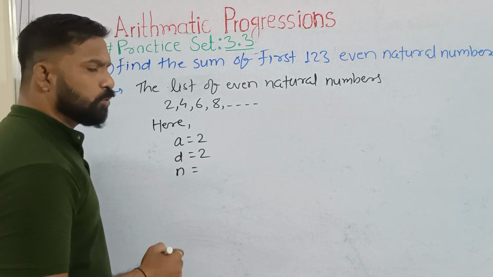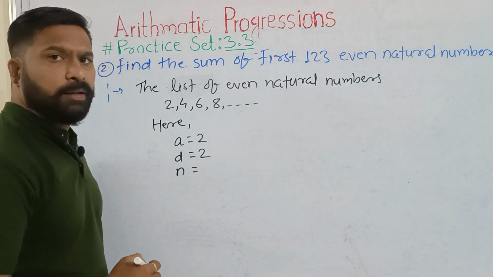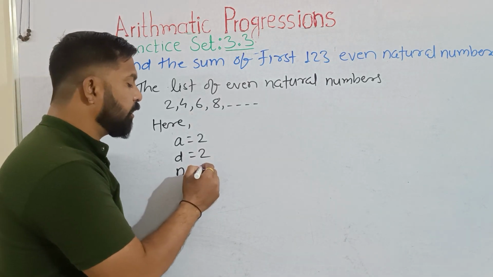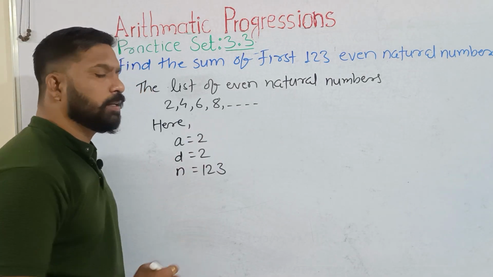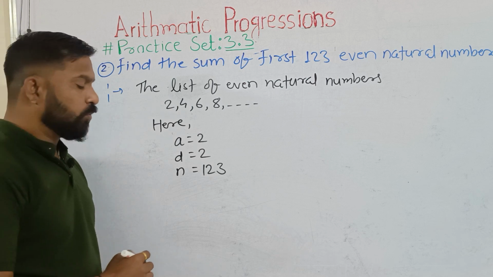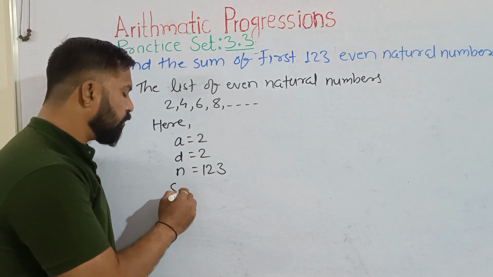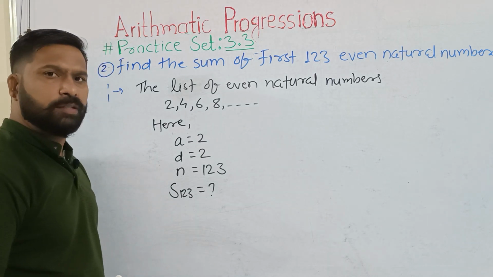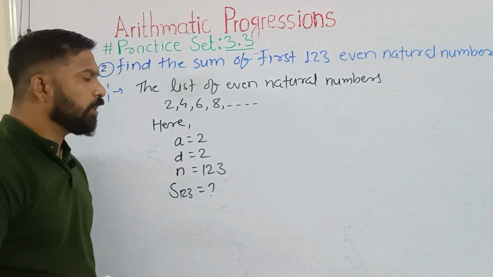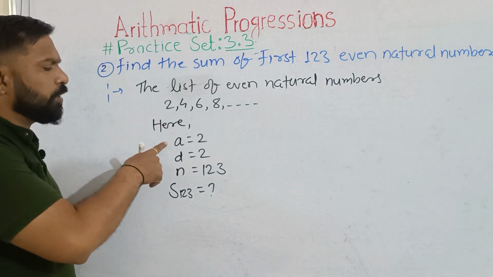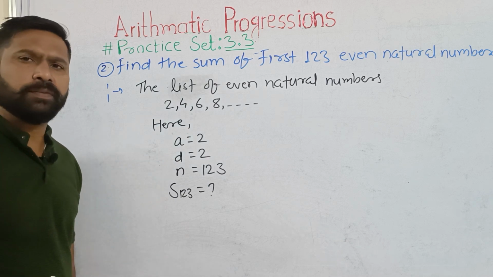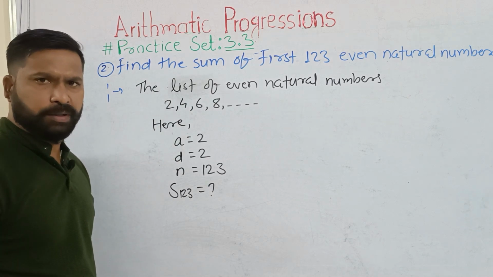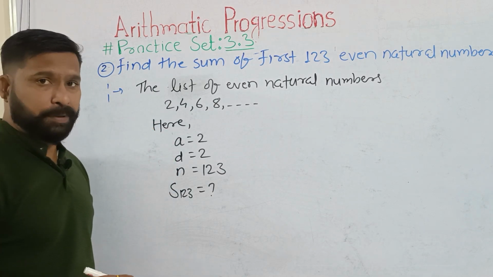How many terms to be added together? 123. Then they are asking, sum of 123 terms is equal to what? What will help you out here? If you know the first term and the common difference, you can find the sum of the required number of terms, as we have seen in the first example.